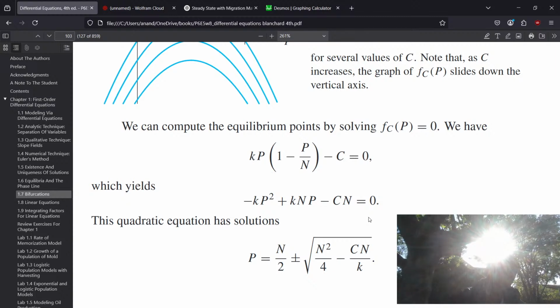So let's say we have kp times 1 minus p over N minus c is equal to 0, and we want to solve.